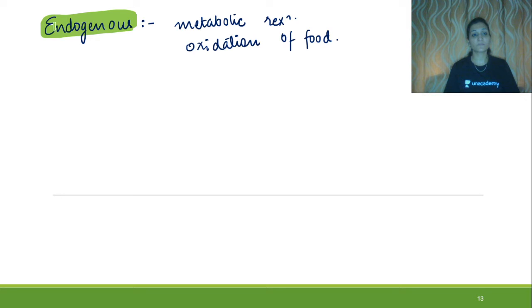Let us move ahead to what the actual components of these endogenous sources are. We'll be talking about them individually.